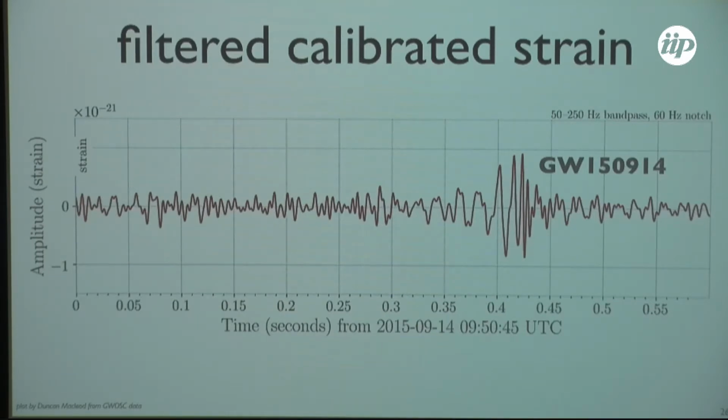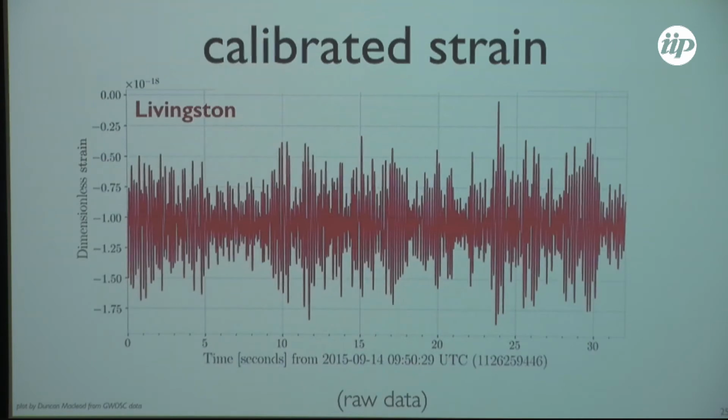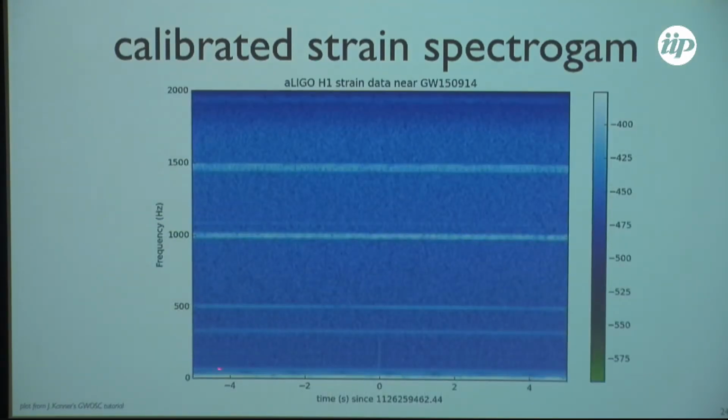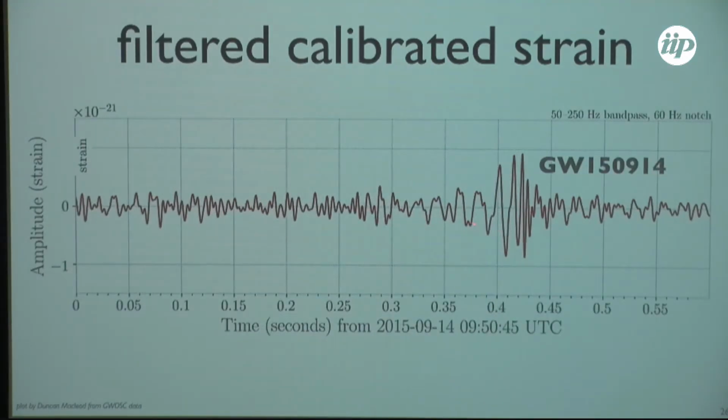They mean that after you have taken the data and processed it properly, getting rid of all the noisy high frequency stuff that is up here, and the noisy low frequency stuff down at lower frequencies that you don't see here, and if you remove some of the lines at 60 hertz, then you will just see 150914 appear in the data by eye. That's because the signal was very strong. It basically has no implication for the way we actually detect the signal.